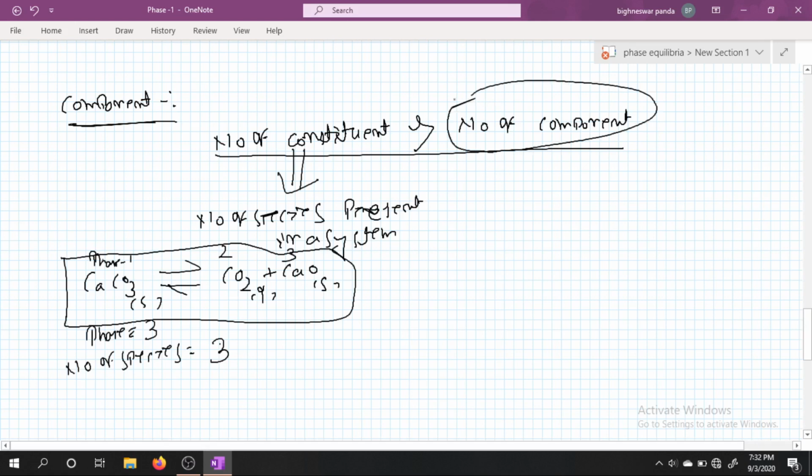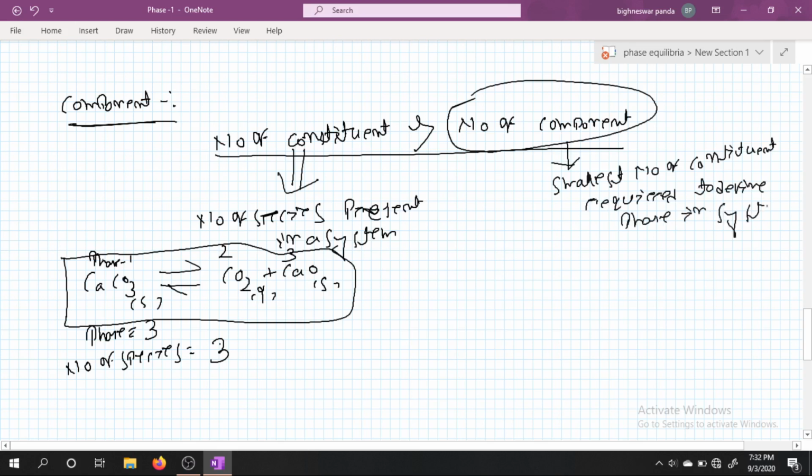So number of component means smallest number of constituent required to define phase in a system.